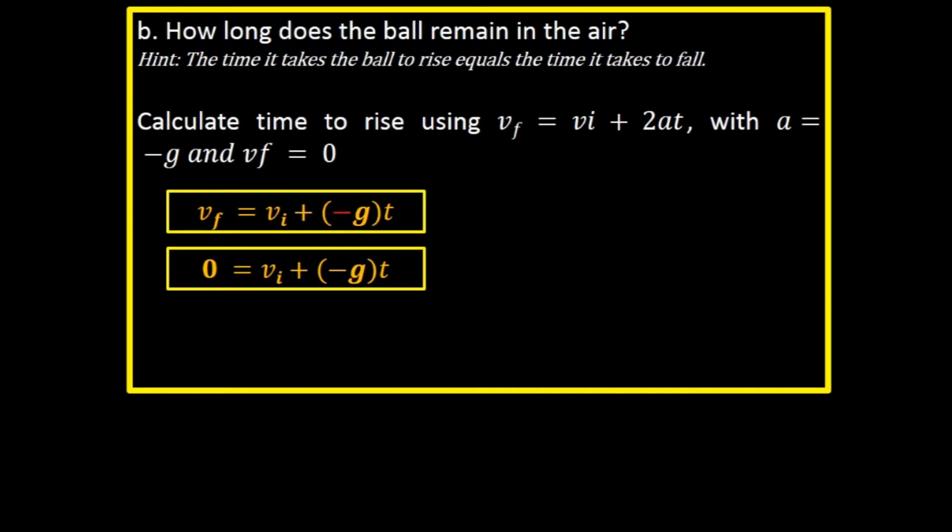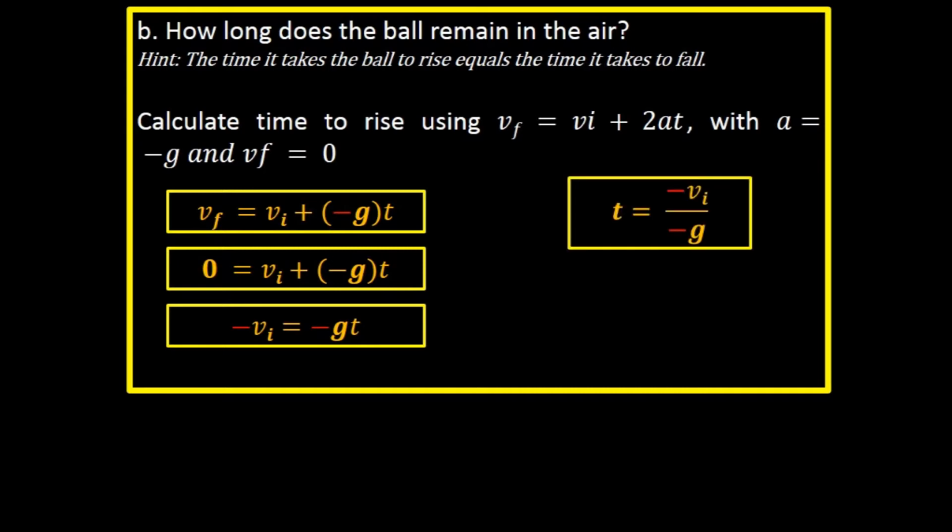You want to subtract V naught from both sides, and that gives you negative V naught equals negative GT. Divide through, T equals negative V naught divided by negative G. The negative signs cancel, and you're left with T equals V naught divided by G. Now what we'll do is plug that in to the equation.